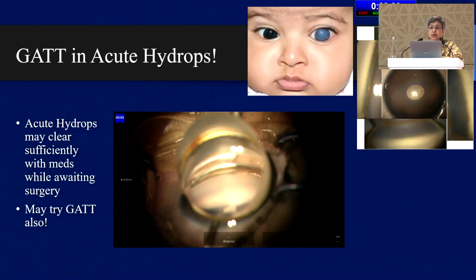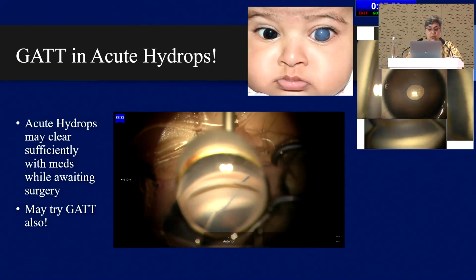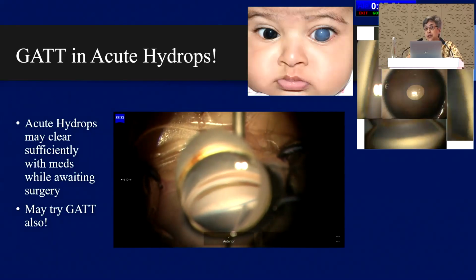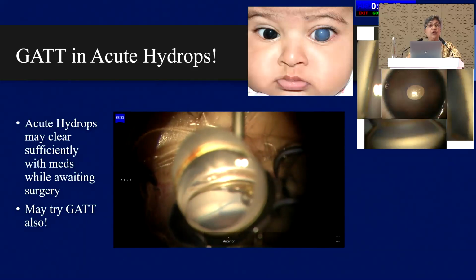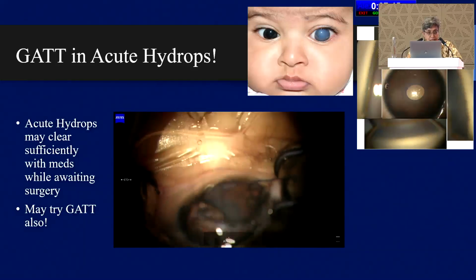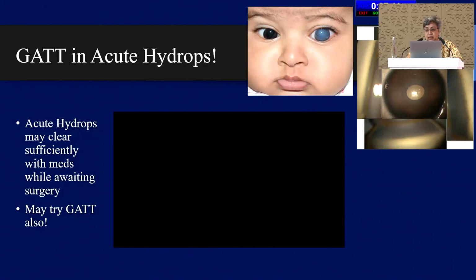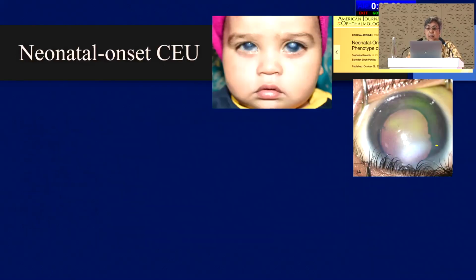We'll take you through the next couple of seconds as we do the goniotomy and manage the prolene, and as you go in, you might actually get away with a GAT in acute hydrops. So that's a learning for us, that all white corneas are not amenable to angle surgery. If you can manage a GAT, even in an eye like this, they do clear quite well, as miraculously as a CTT.